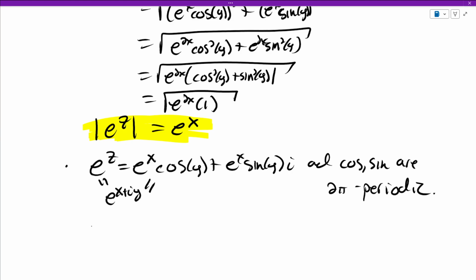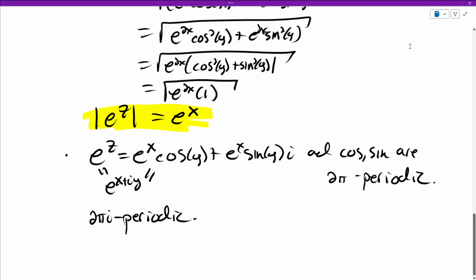And so we say this is 2 pi i periodic, because if you add any multiple of 2 pi i to your complex number, that only goes into the cosine and sine part, in which case you benefit from the periodicity there. All right, great. So those are two things to point out here.